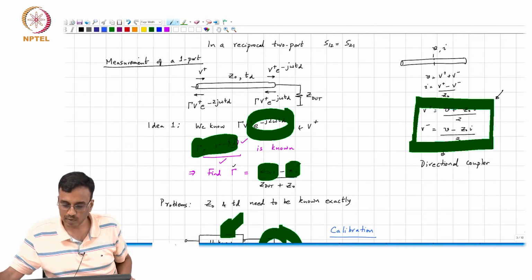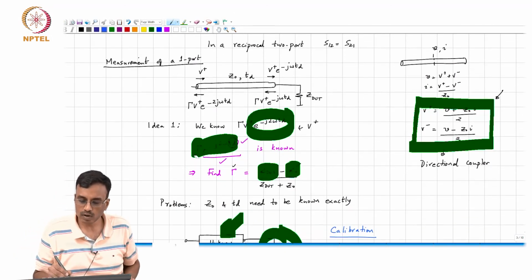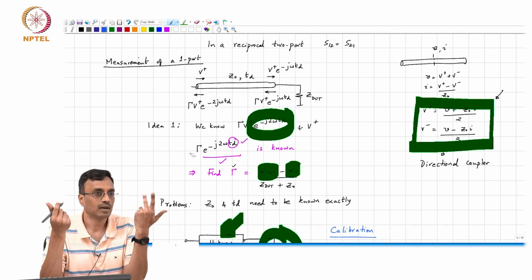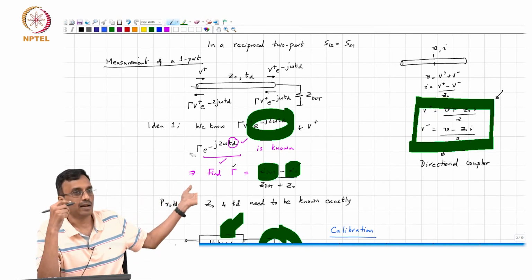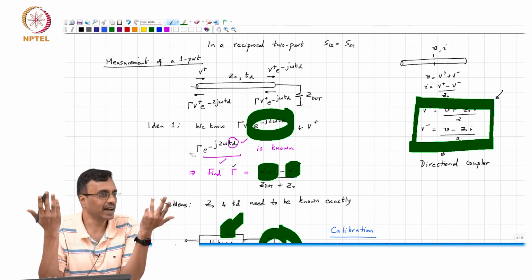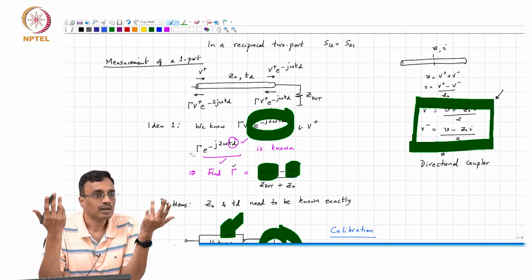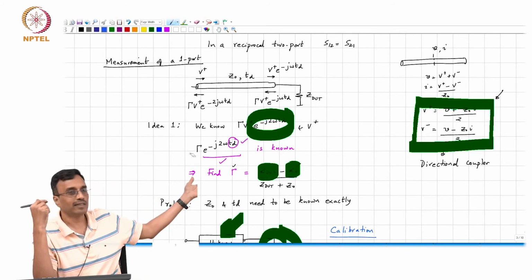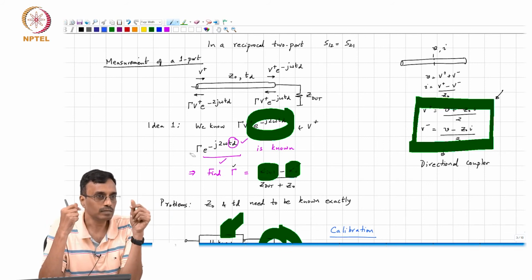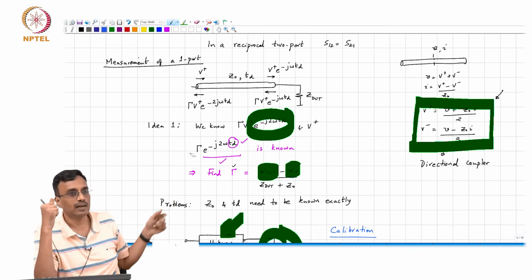At low frequency, which is equivalent to saying omega equal to 0, what happens to the transmission line?